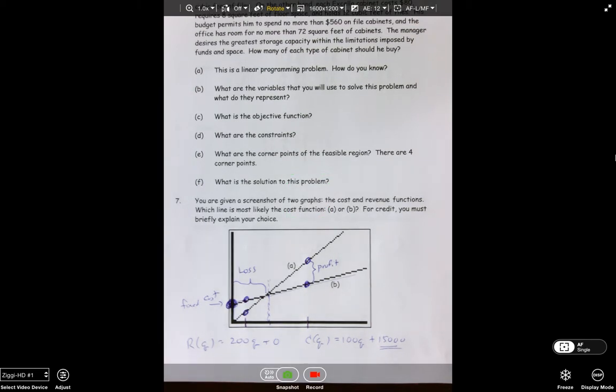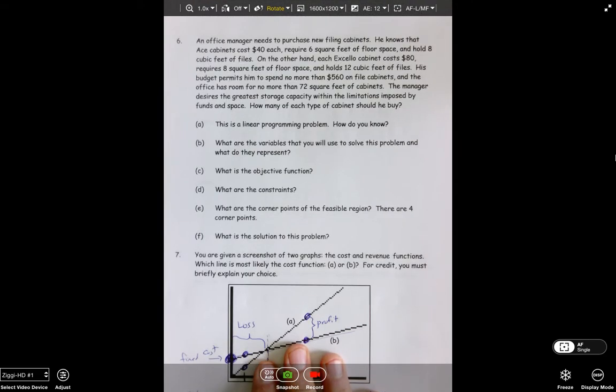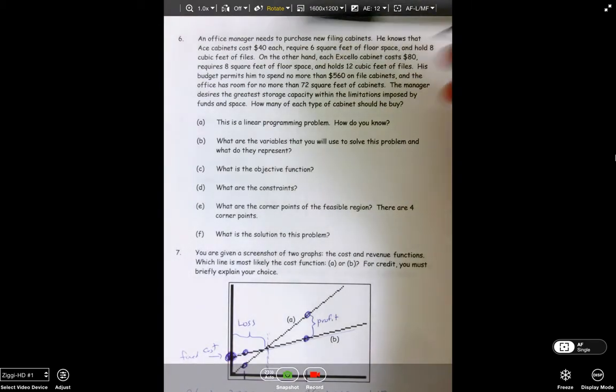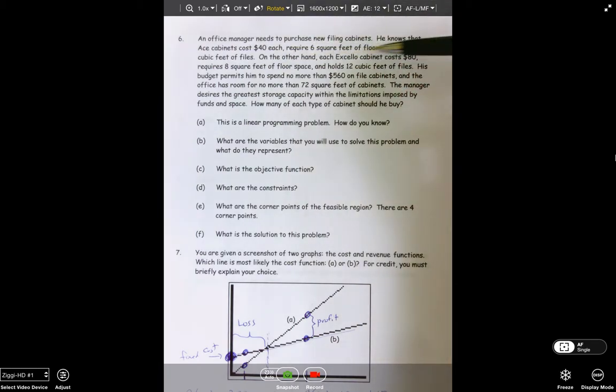All right, guys, let's work the linear programming problem, and then we'll end this video. So it says an office manager needs to purchase new filing cabinets. He knows that Ace cabinets are $40, require 6 square feet, and hold 8 cubic feet of files. On the other hand, Excello cabinets cost $80, require 8 feet of space, and hold 12 cubic feet of files.